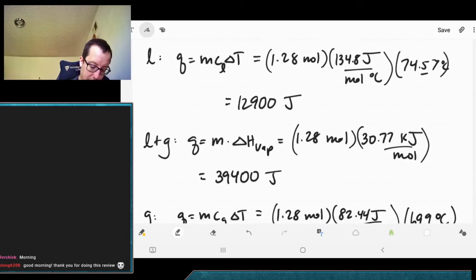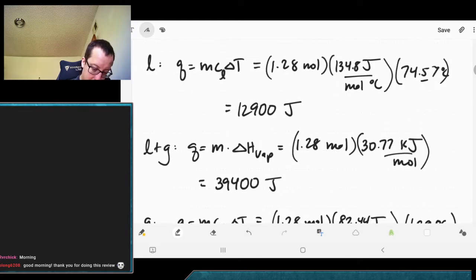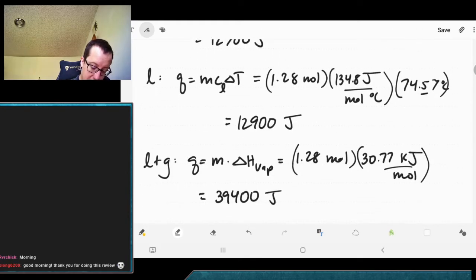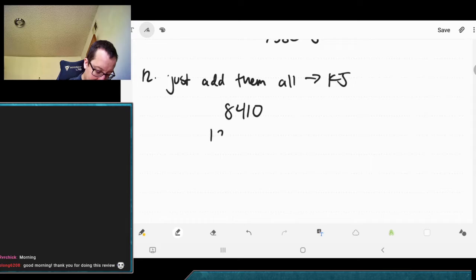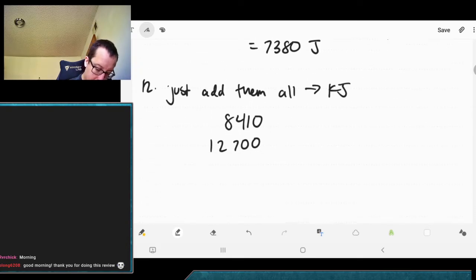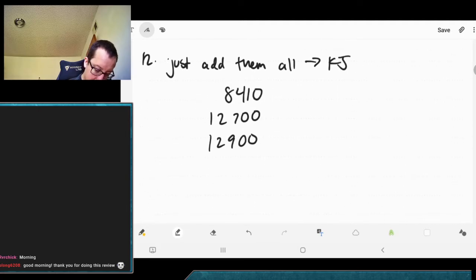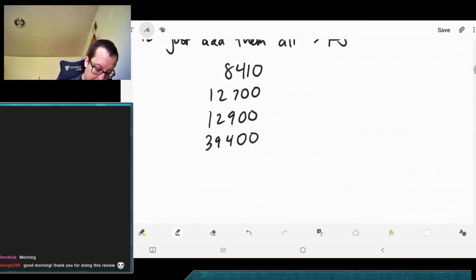So we have 8410. Ideally you would use the non-rounded numbers for this, but I'm feeling lazy right now. 12,900, 39,400, and then 7380. Okay.